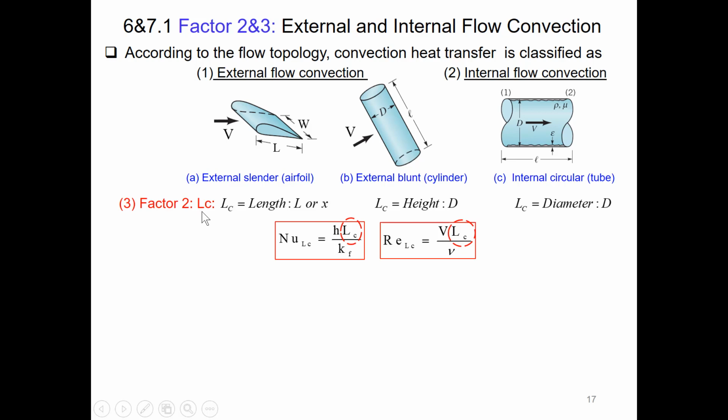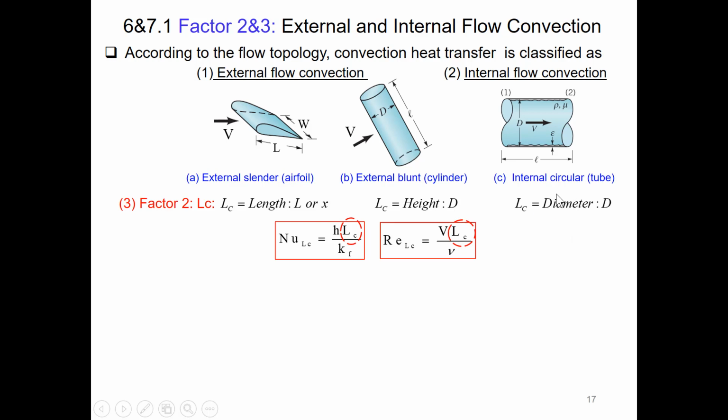characteristic lengths, LC. For external slender, we use length. For external blunt, we use height. So the cylinder height is same as diameter.